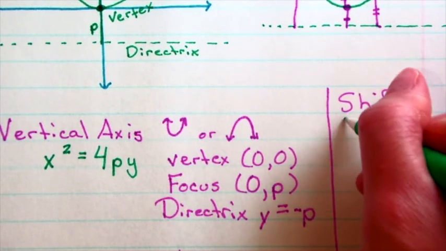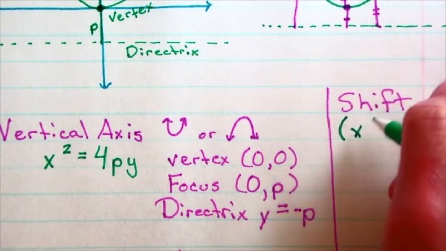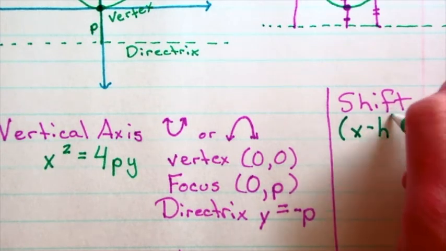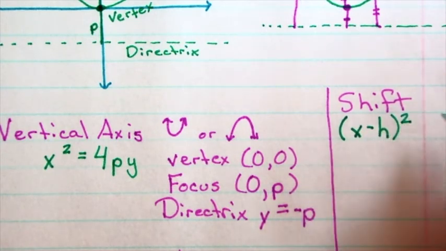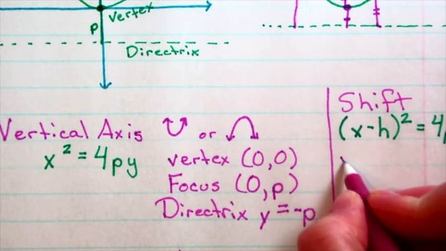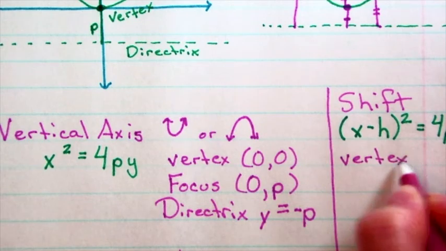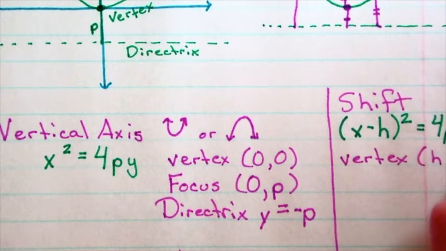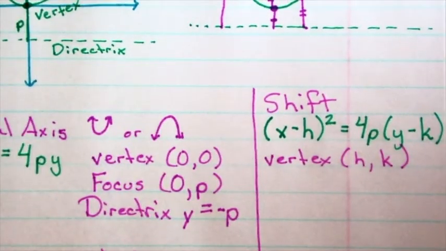So in this case, we're going to have x minus h squared equals 4p times y minus k. So this is going to be, instead of 0, 0, we're going to have the vertex at h, comma k, just like the center of a circle.